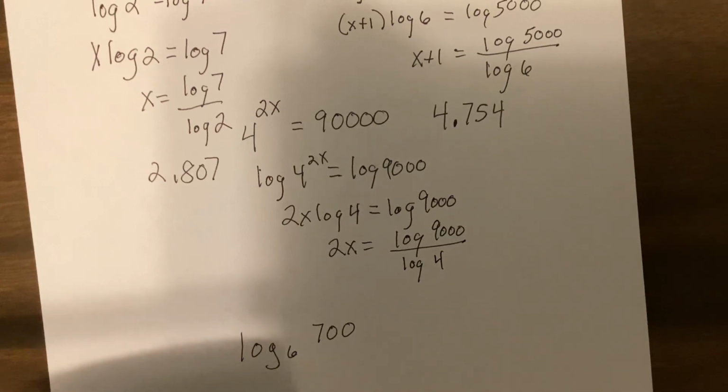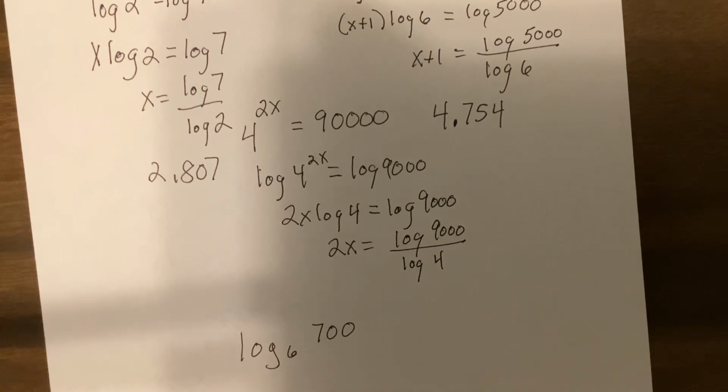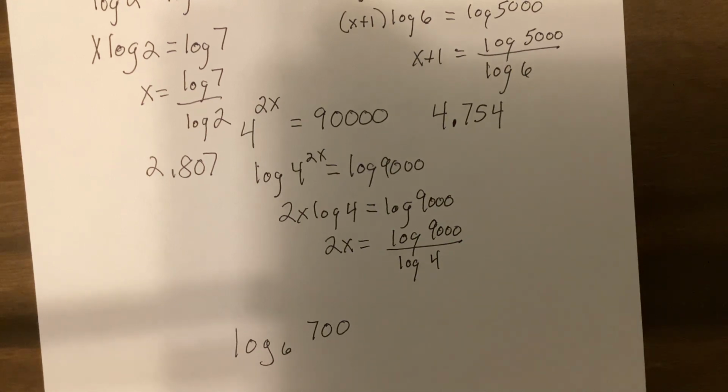So we have log of 9,000 divided by log of 4. Then you divide that by 2. I get 3.28.